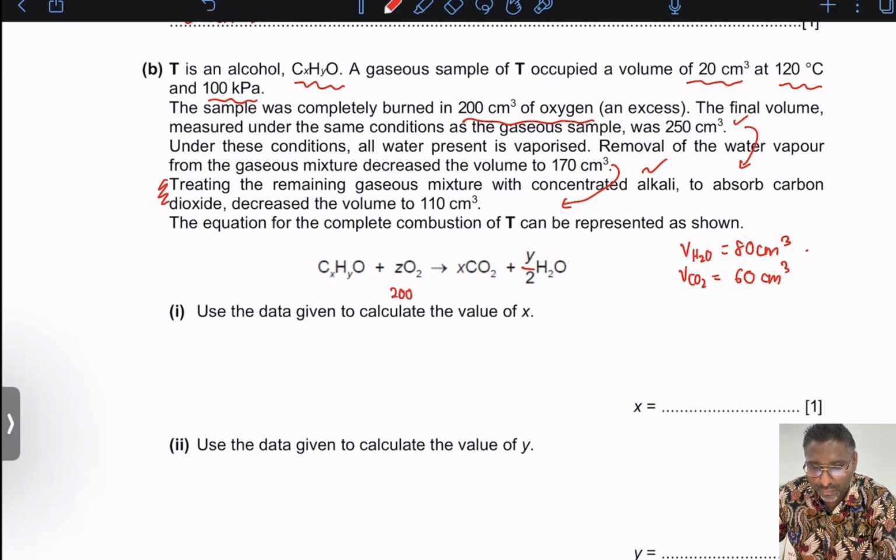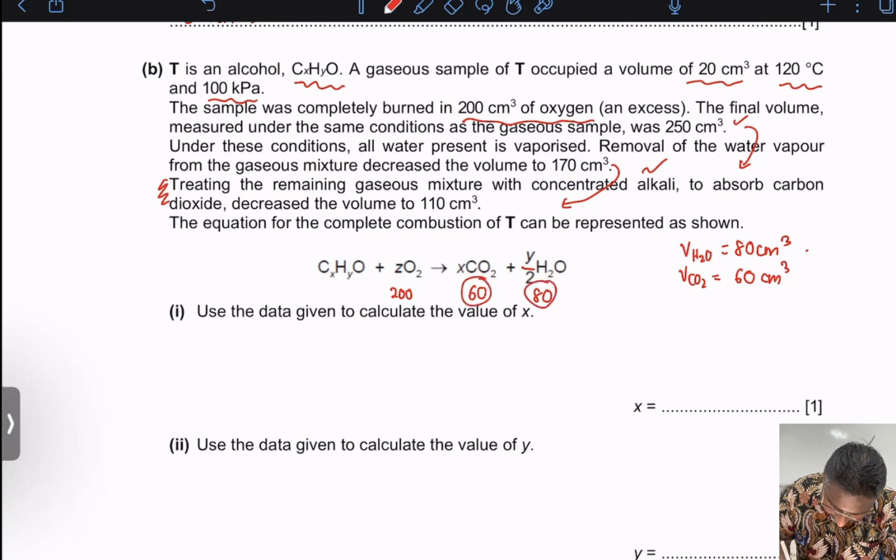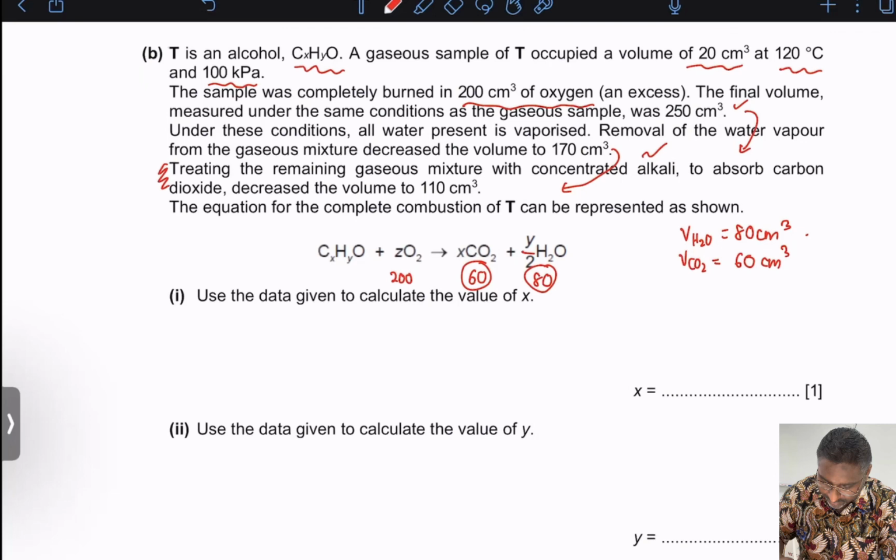So if you have this one, water is going to be 80. This is going to be 60, confirm. So if confirm, I just circle. 200 is not confirmed. The gaseous sample of T occupied the volume of 20, so this one is going to be 20 here, at 120 degrees.